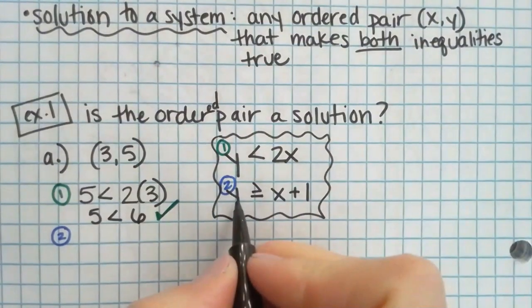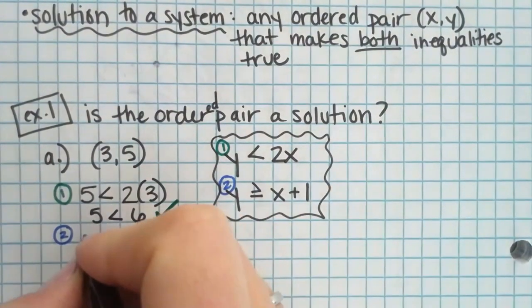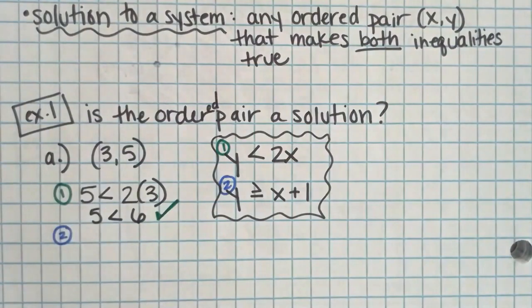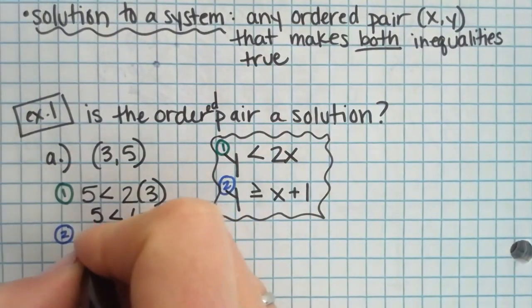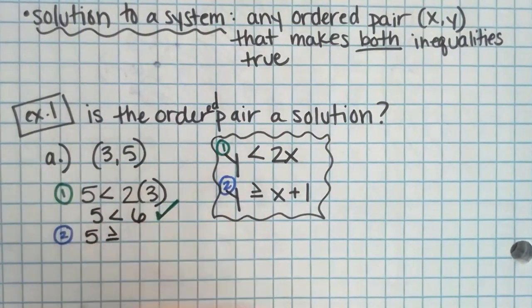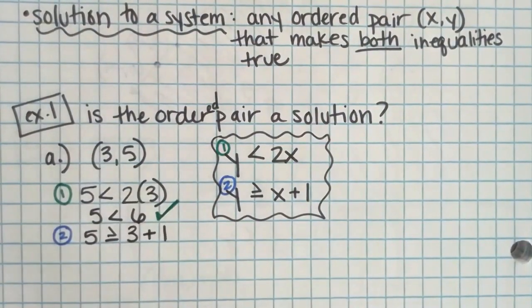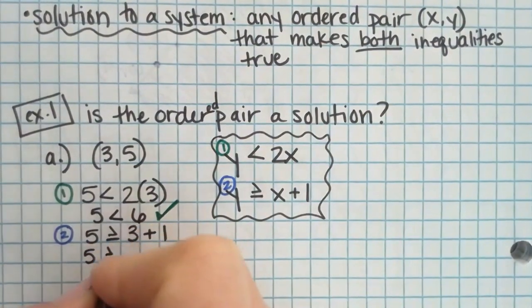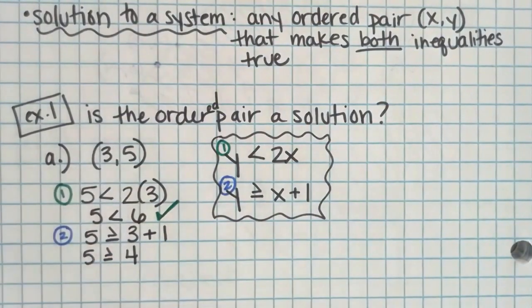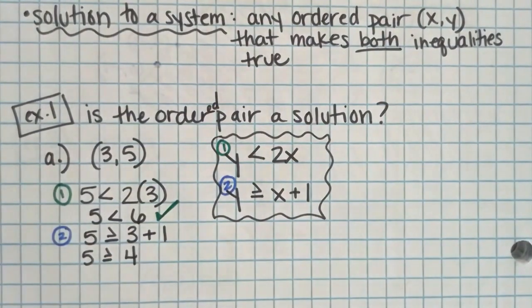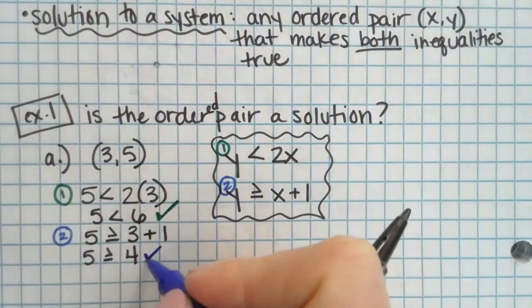So then we'll take inequality 2, which says y is greater than or equal to x plus 1. So we'll plug in 5 for y, greater than or equal to 3 plus 1. And we get that 5 is greater than or equal to 4. Is that true? Yeah, 5 is greater than 4.